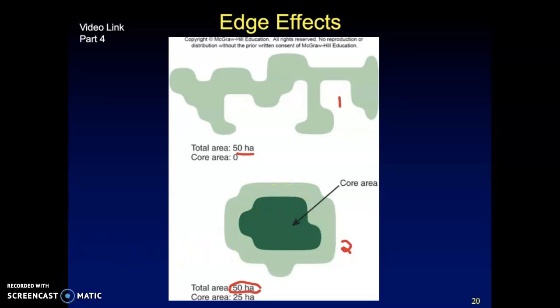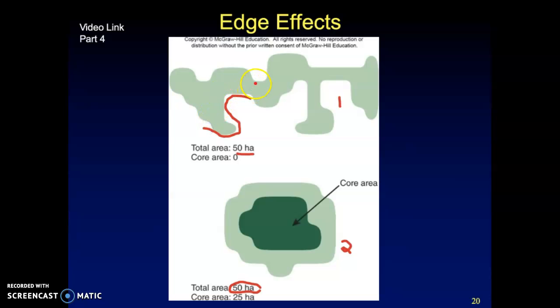That means that darker green area will probably be, if this is forest, denser forest, bigger trees, more shade, less wind. All those factors change when you have this big core area because you have a smaller block, or it's configured in a block shape, versus the upper one where you have a lot of just small thin areas.